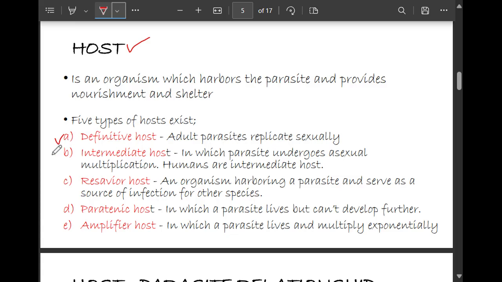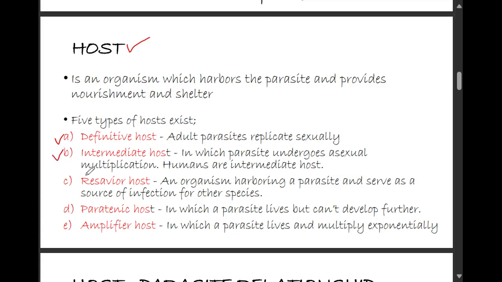Then we also have the intermediate host. This is a host in which the parasite is able to undergo asexual multiplication.